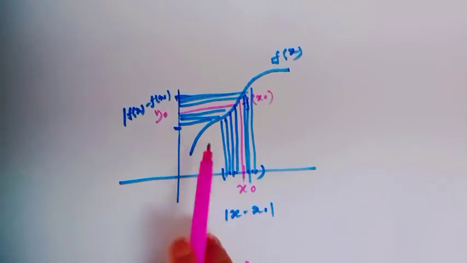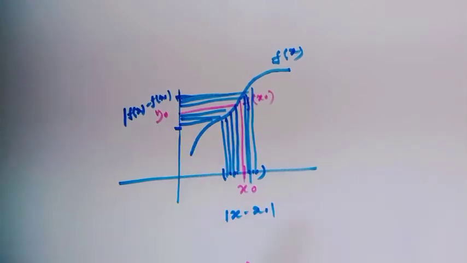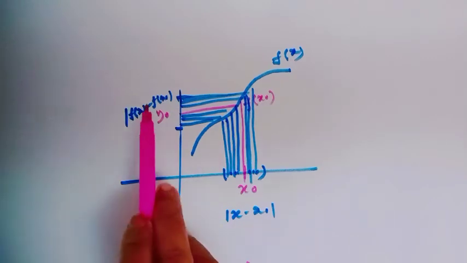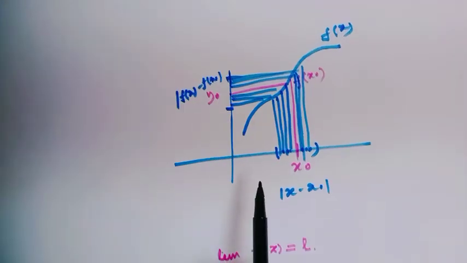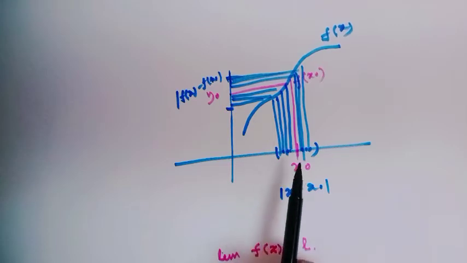This is the epsilon delta definition of limit. For continuity, x minus x0 less than delta, for all epsilon, fx minus fx0 must be less than epsilon. This is the epsilon delta definition of continuity, okay?